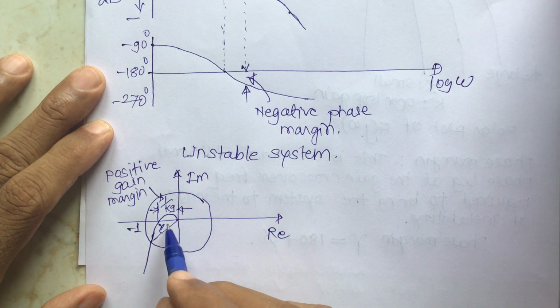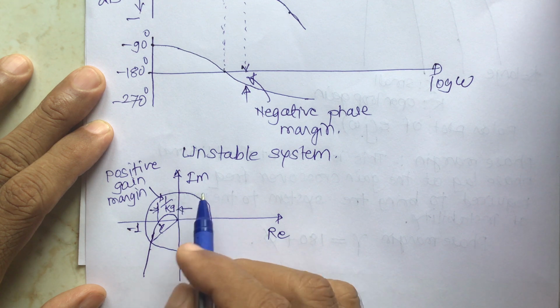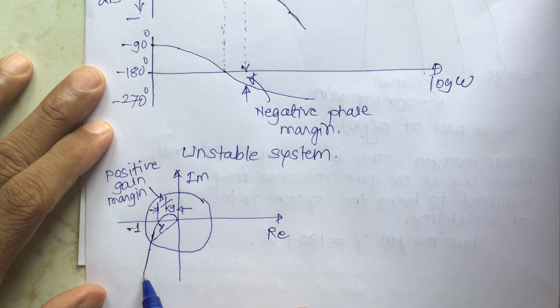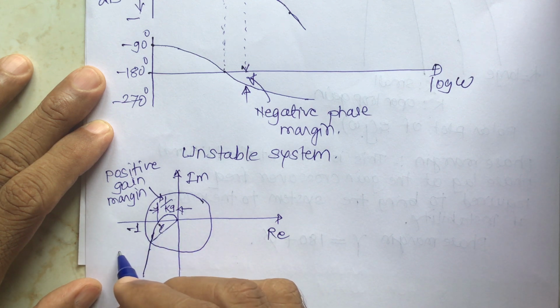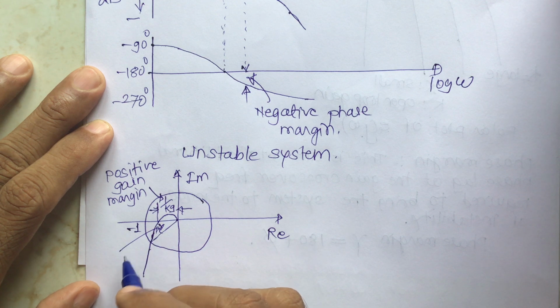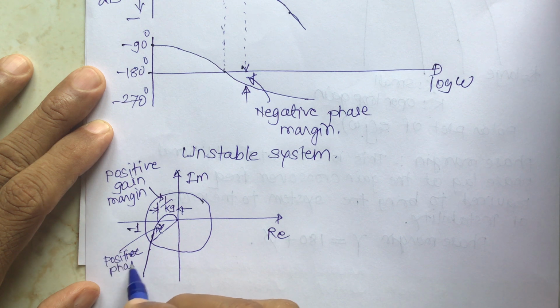And if such a type of plot is there, that means for the small value of k, your system is stable, and this phase margin, this angle, is also positive, and this situation we can call a positive phase margin. Okay, and this is the curve.